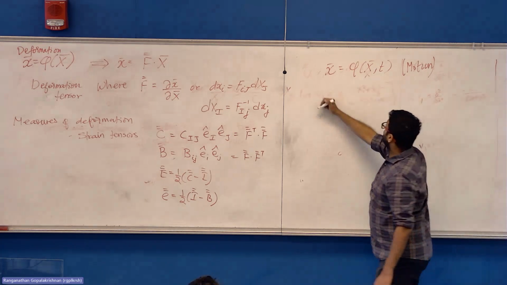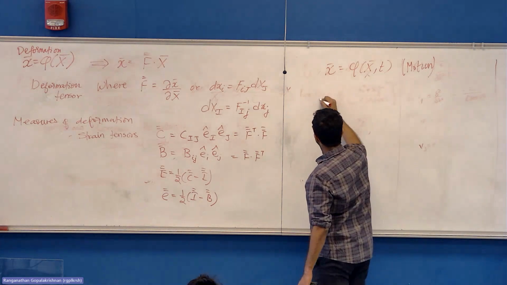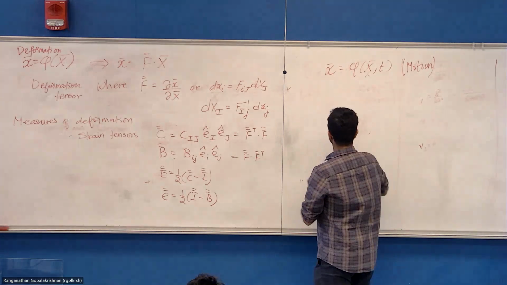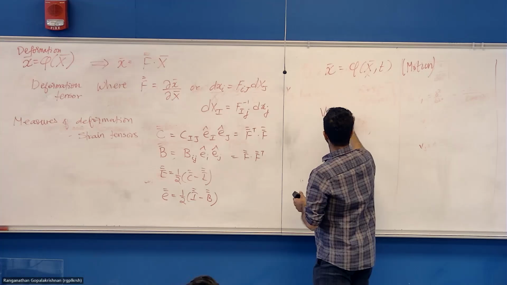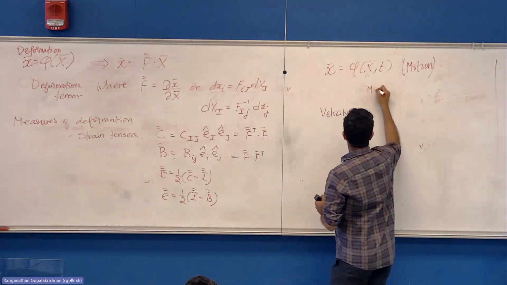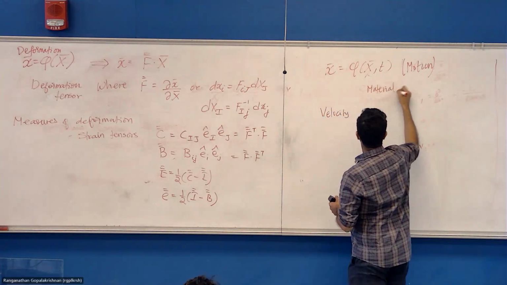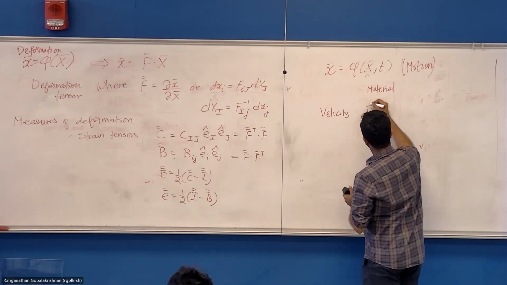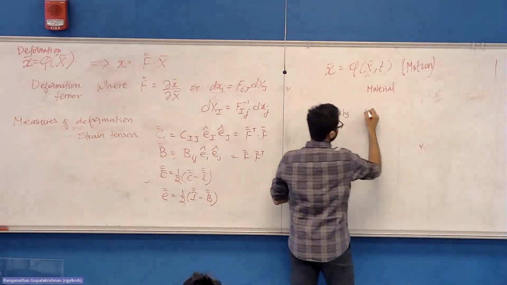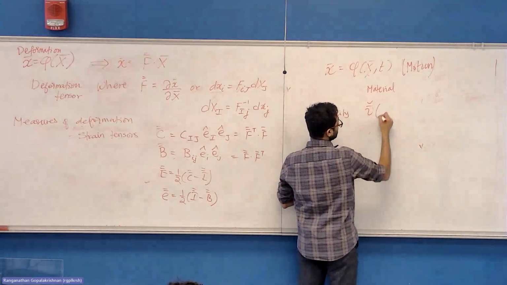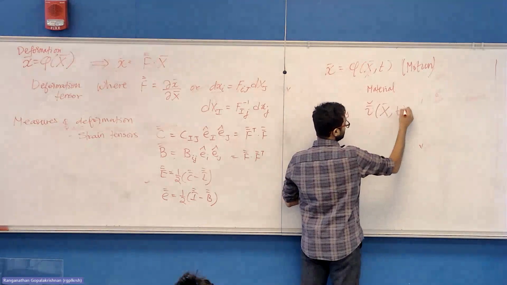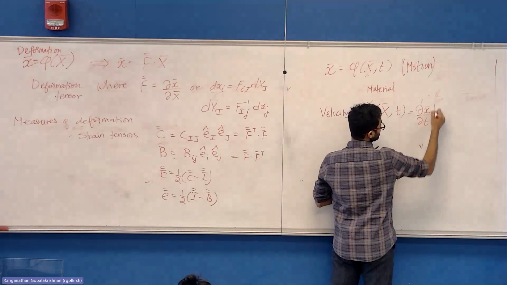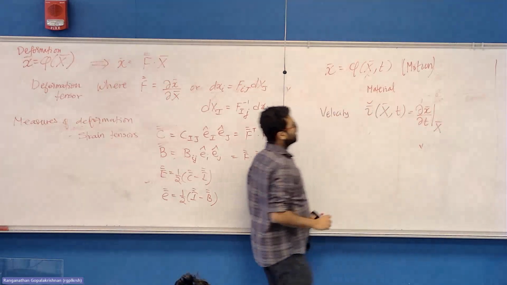Okay, so we saw what velocity is. Velocity in the material frame of reference, v tilde of X comma t, is the derivative of spatial position with respect to time at a given material coordinate.